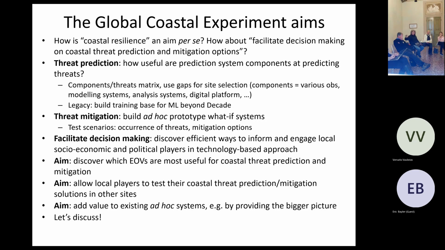Yes, but what for? For which purpose? Well, the next point to me is that the aim of the global coastal experiment is to provide a unified framework.